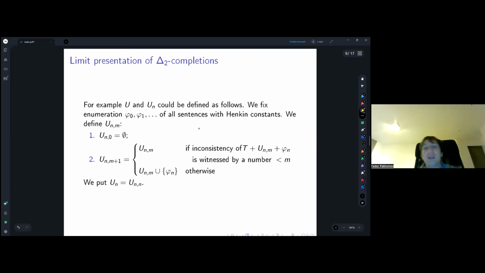As usual, we fix an enumeration of all sentences in the language with Henkin constants, and then we define a series of finite sets U_n as follows.